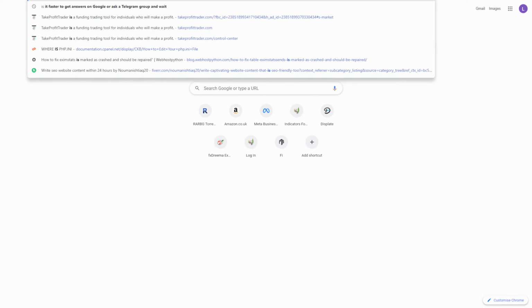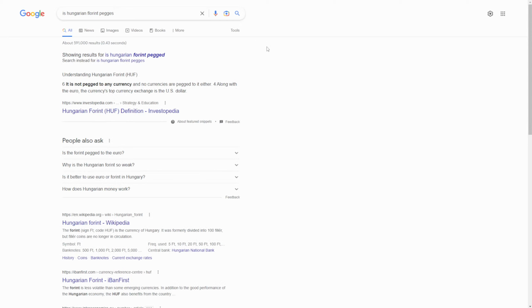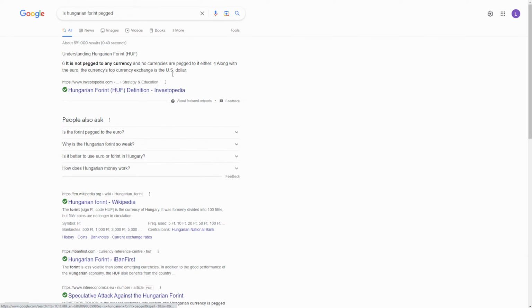Is the Hungarian forint pegged? It is not pegged to any currency. So obviously, when you're trading these exotics, you need to make sure there's no peg. If they're pegged, there's no point in trading them because you might as well just trade the major or the minor. Doesn't make any difference, does it?